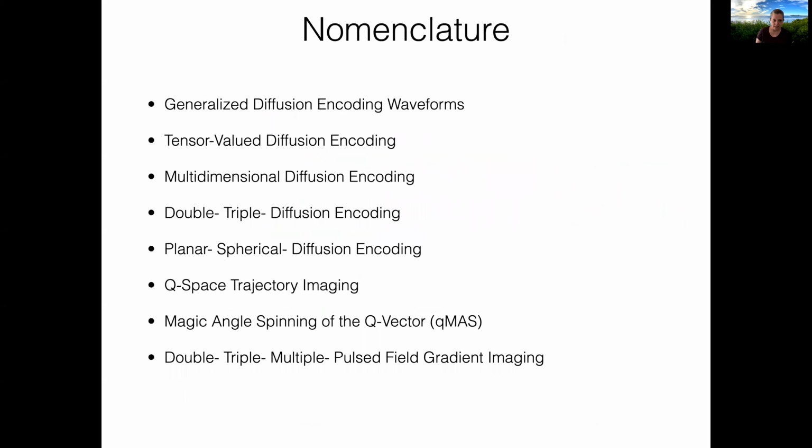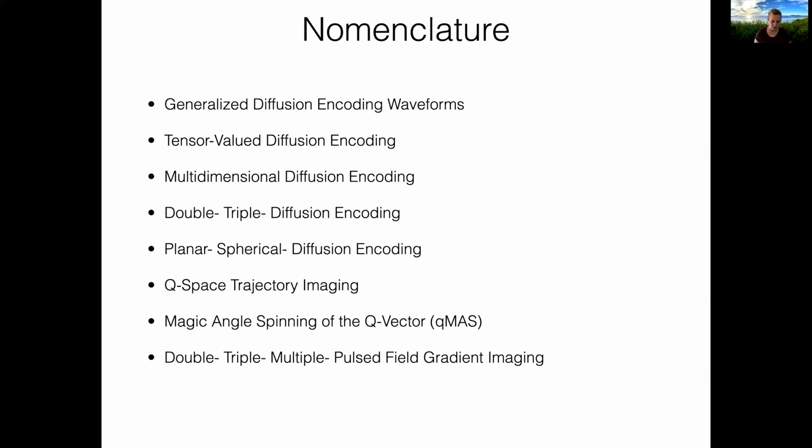I want to stop and take a moment to point out that there is a variety of different terms used for this type of encoding, and they are all within the same family. Be aware of this when you're looking in the literature and trying to look up what's been done in this field.